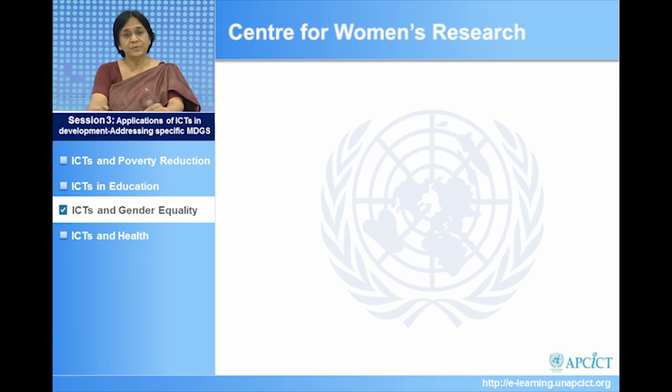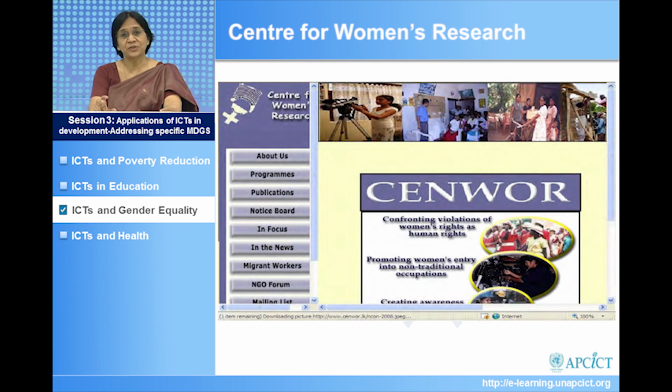A third example that I'm bringing you is really not about empowering women through ICTs, but of looking at another aspect of gender inequality, and that is of low participation rates of women in professional life. The Center for Women's Research in Sri Lanka is a network site that brings women together to debate common issues and to be able to bring about a greater empowerment.